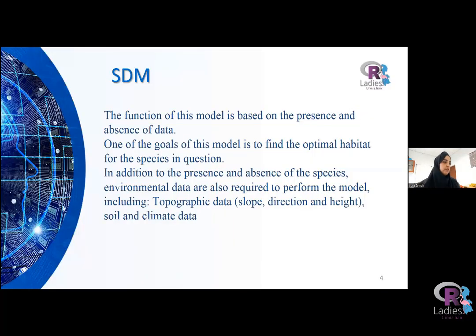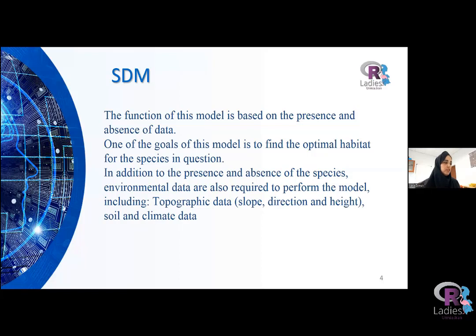As I mentioned, in SDM the function of the model is based on the presence and absence data of the species. One of the goals of this model is to find the optimal habitat for the species in question.